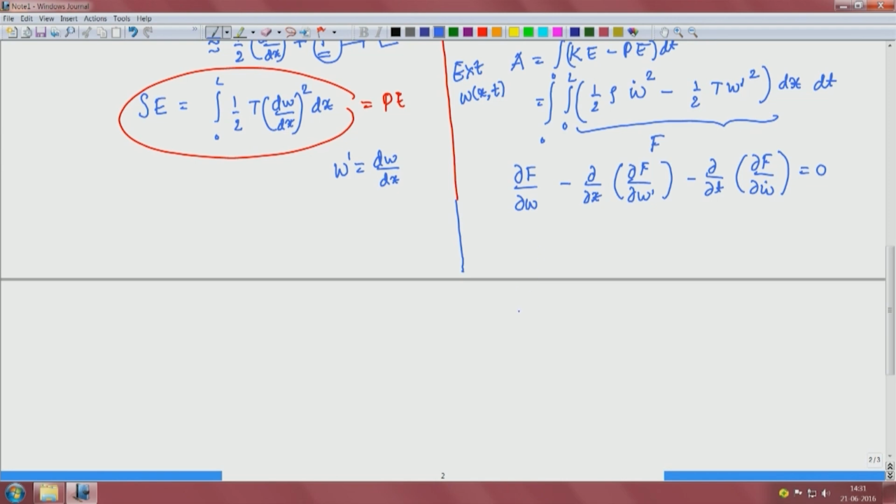So, what we have ∂f/∂w, that is anyway 0, f is there. So, ∂/∂x of ∂f/∂w prime, there is already minus here. So, that minus T, the 2 and w prime square in here they cancel.